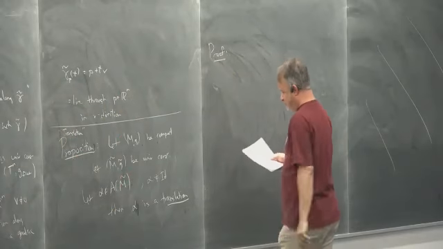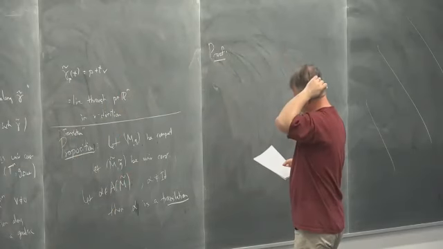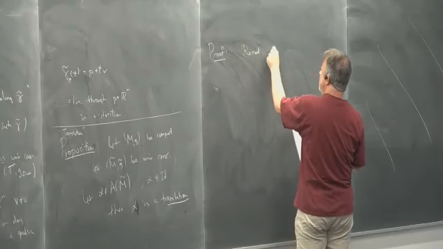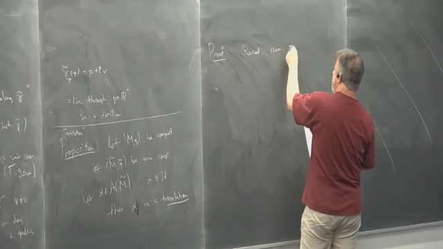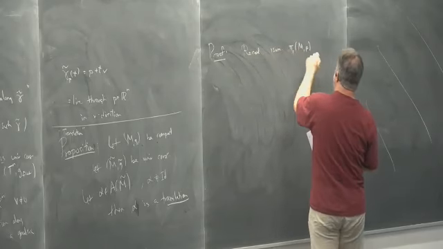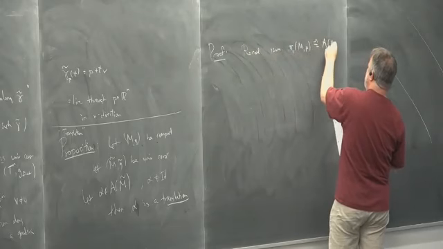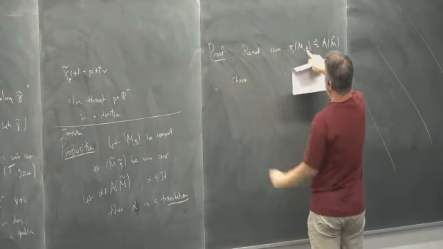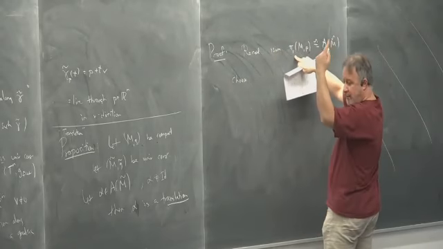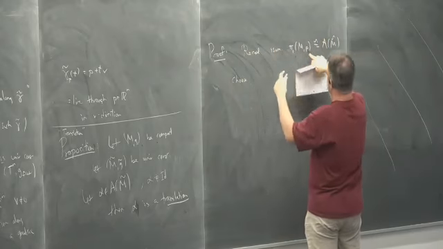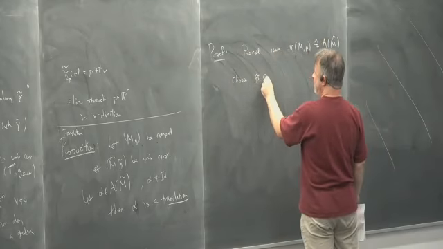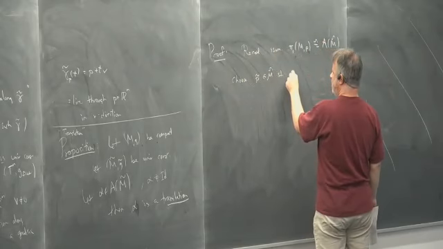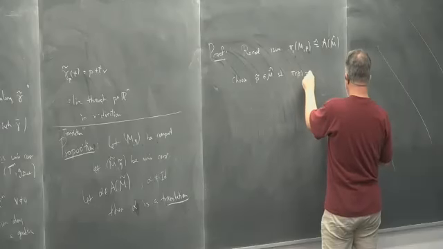So in order to do this proof, we have to recall how this isomorphism works. The isomorphism from pi1, and here I have to pick a base point, to the deck transformations. It's not canonical, right? Even when we pick a base point for our fundamental group, we have to pick a point p tilde lying above p. So choose p tilde in M tilde such that pi of p tilde is p.